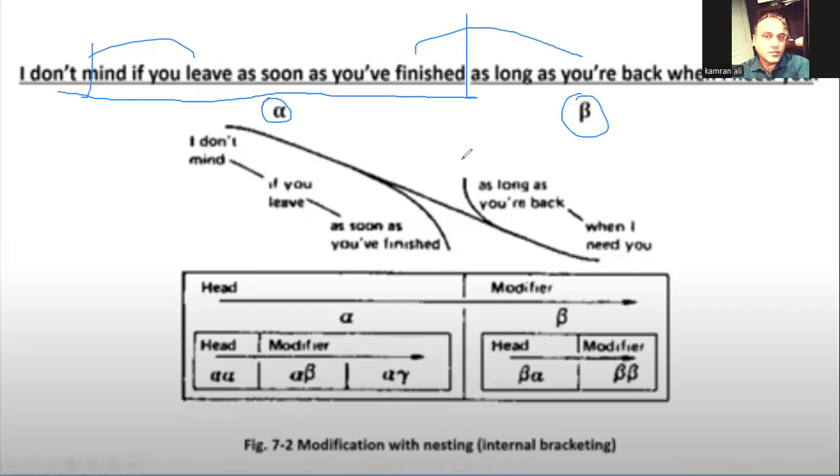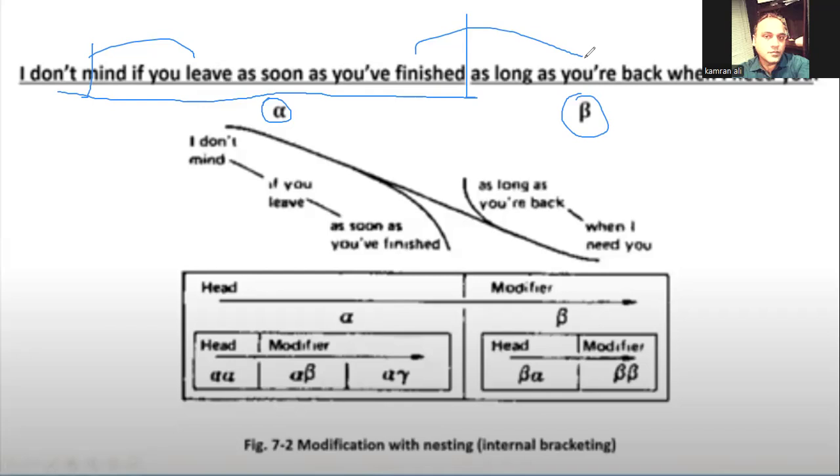So, as long as you're back when I need you, that means somebody must have been doing some work, right? So you really need to understand that somebody must have been doing something and this person is being released. So there got to be one more clause, which must be in relation with that clause.